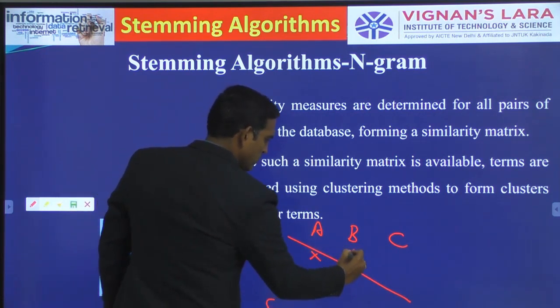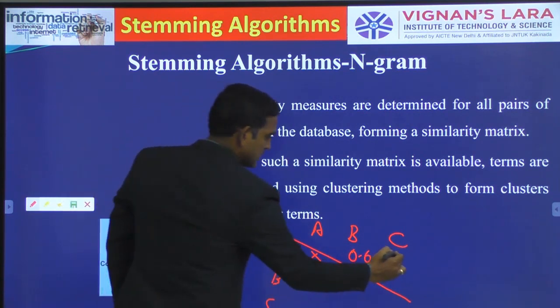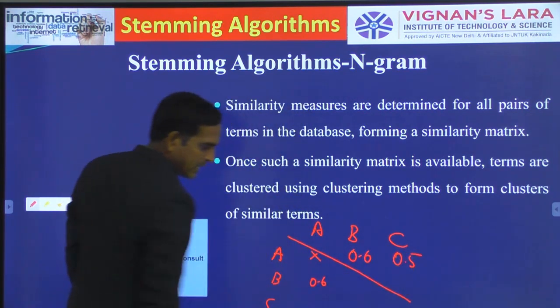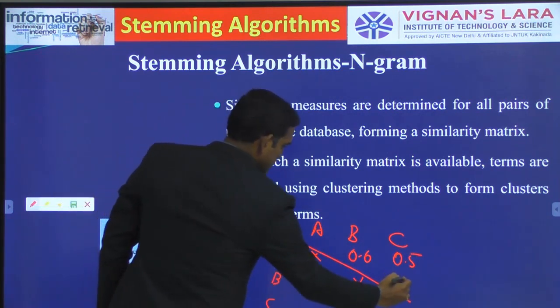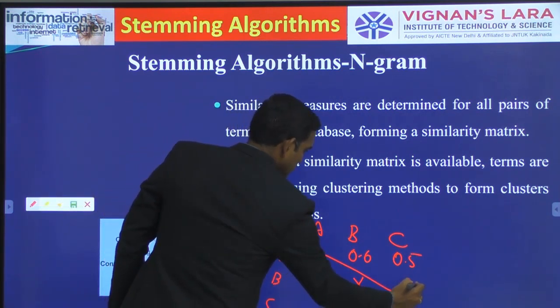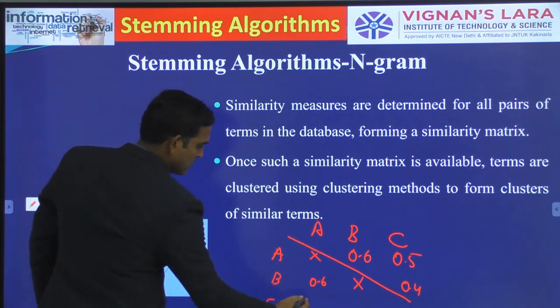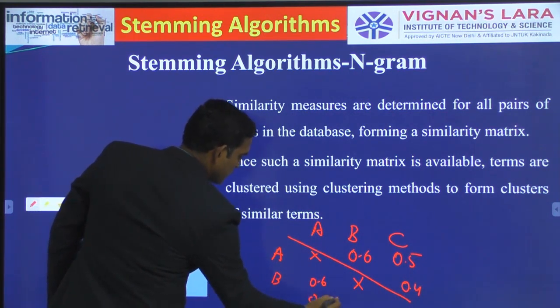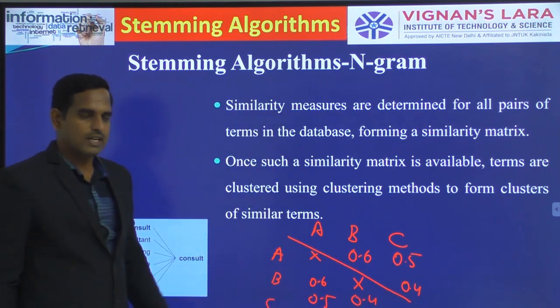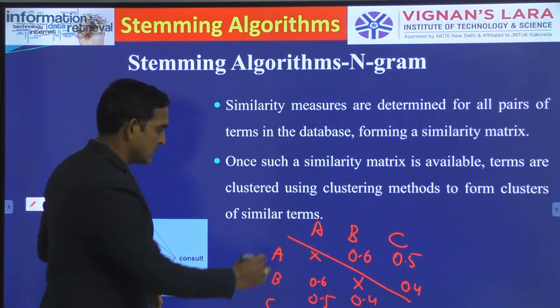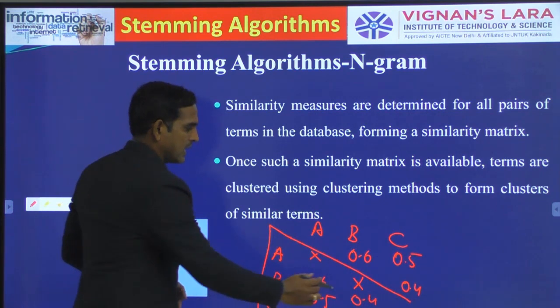A, B will have a comparison. A, C, if you are having a comparison, okay. B, there will be no comparison. B, C, let's take it as some 0.4. So AC, that is 0.5. BC, that is 0.4.